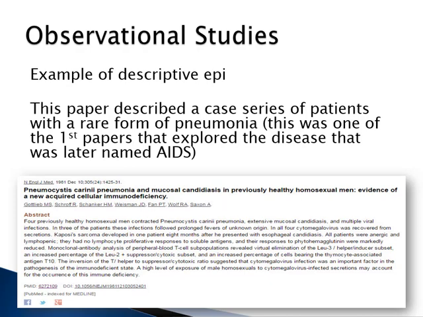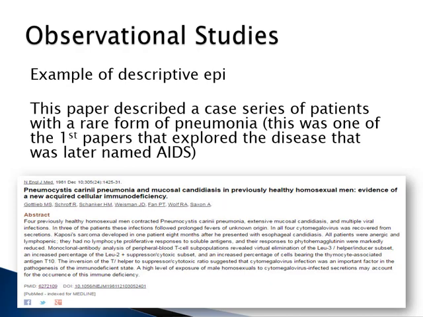Here's a case series looking at 4 previously healthy men who were homosexual in the early 80s. Now, think back to the early 80s. If you were alive at that point, there was a disease going around that nobody had a clue what was going on.